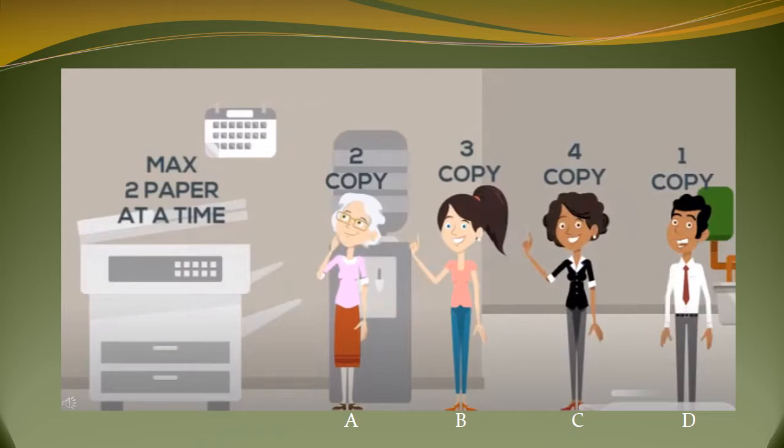But there was one problem. The Xerox machine can give only two copies at a time. Then how would the customers get their Xerox copies by following the RR or round robin CPU scheduling algorithm?